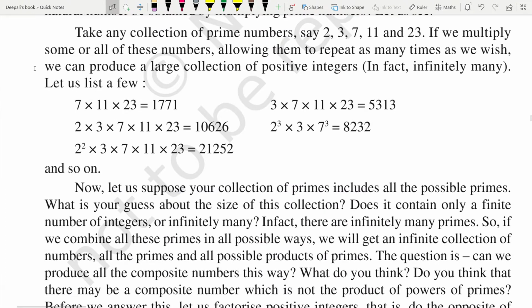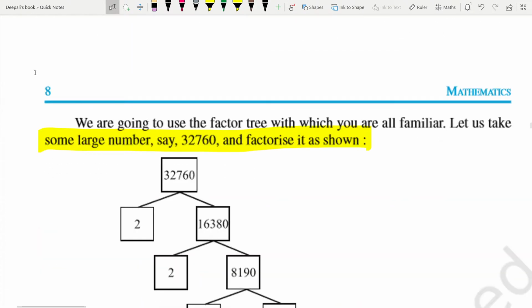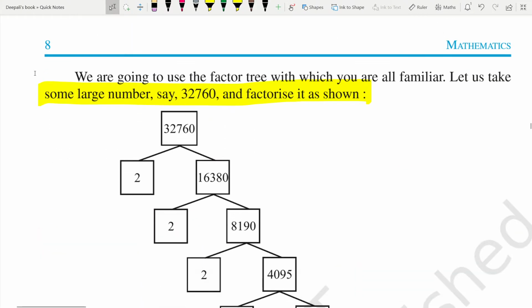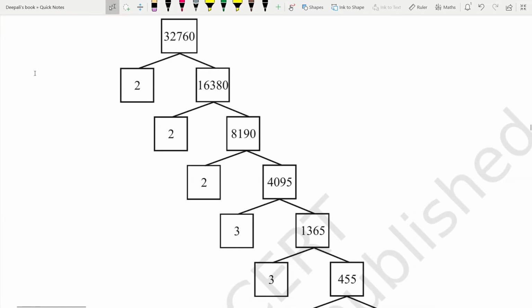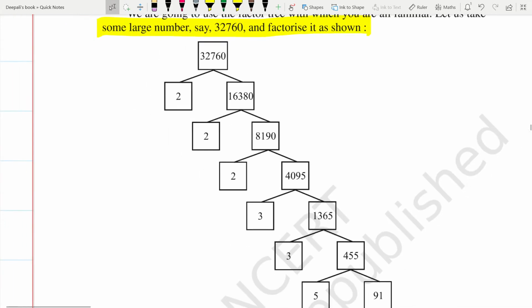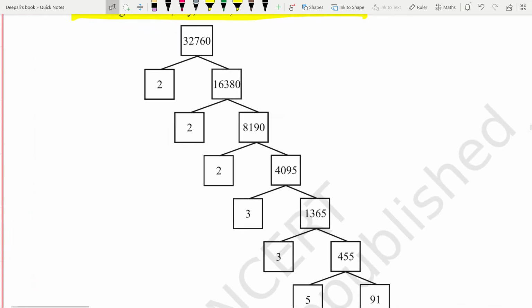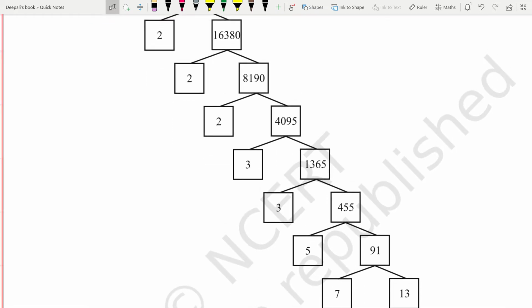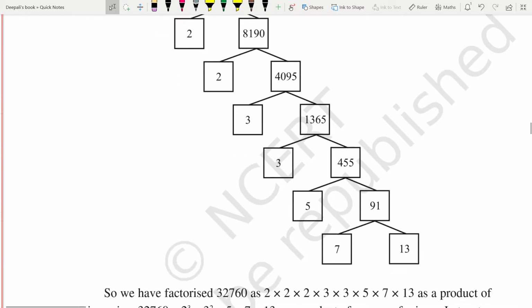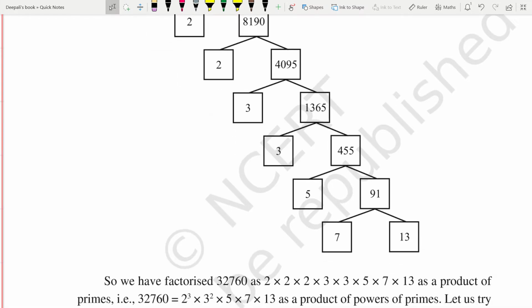Similarly, for the fundamental theorem of arithmetic, if we take an example of a larger number, say 32760, then we can factorize this as 2 into 16380, which further factorizes to 2 into 8190, again 2 into 4095, which factorizes to 3 into 1365, and that factorizes into 3 into 455.